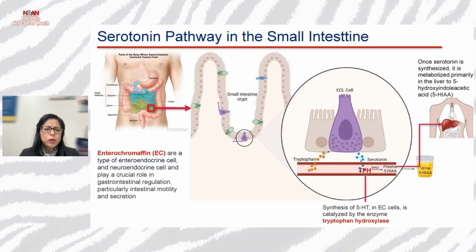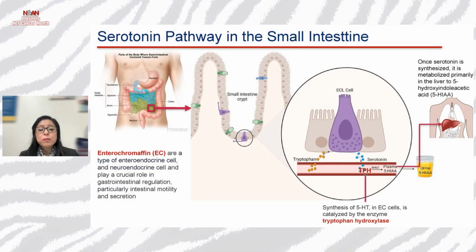In this case, it's the small intestine. So whenever the tryptophan is ingested, it is processed by a very specific group of cells, which are the enterochromaffin cells.